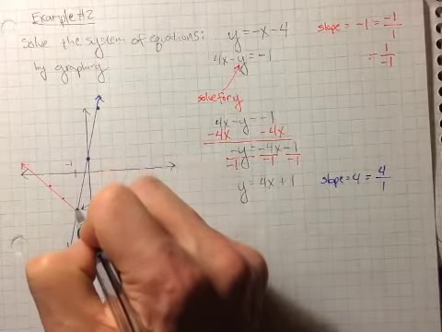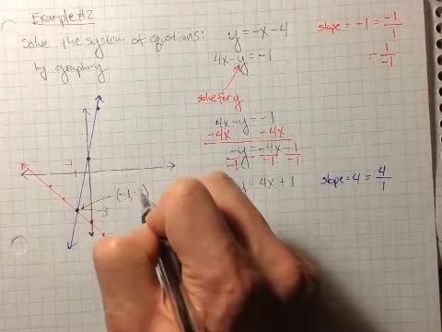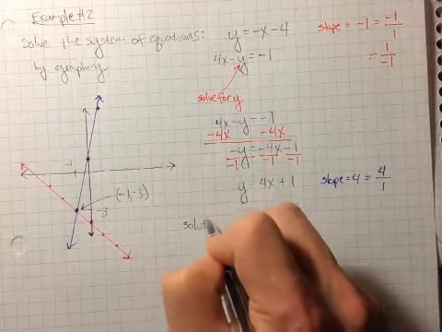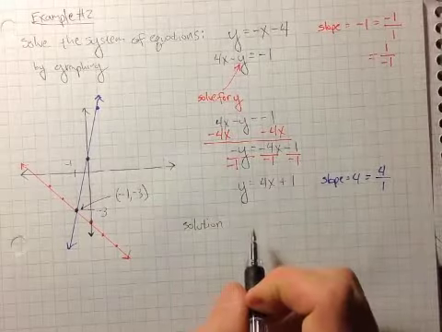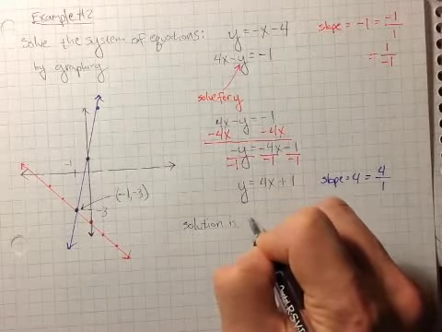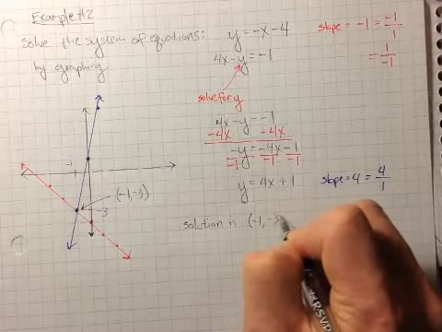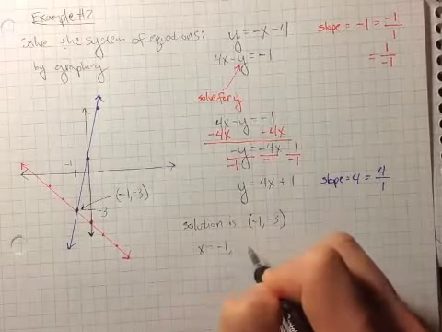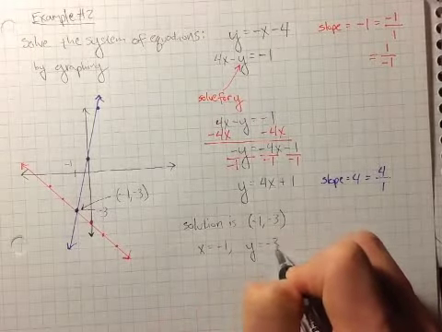The y coordinate is negative 3. So that is the solution. And I didn't do this with example number 1, but this is what you should write out completely. Solution is negative 1, negative 3, or we can write it out like this: x equals negative 1, y equals negative 3.